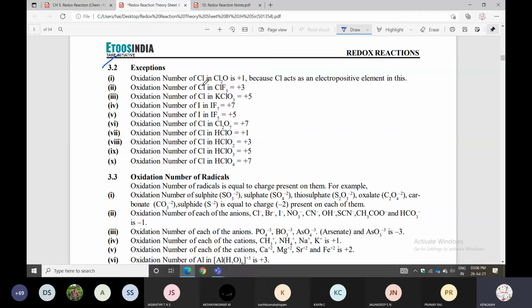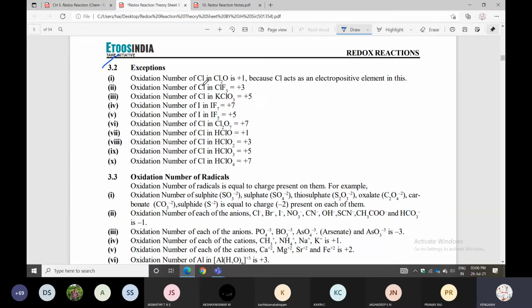The oxidation number of chlorine in Cl2O is +1, because chlorine acts as an electropositive element in this case. Comparing chlorine and oxygen, chlorine is the electropositive element.